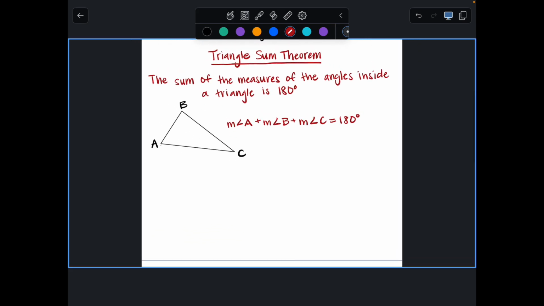And the second theorem we're going to use is the exterior angle theorem.